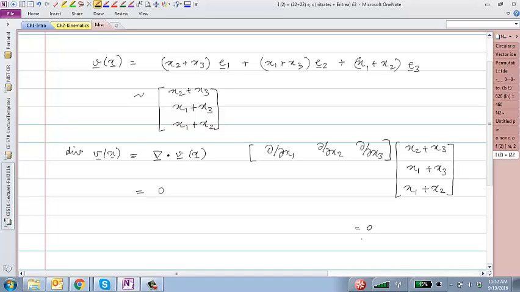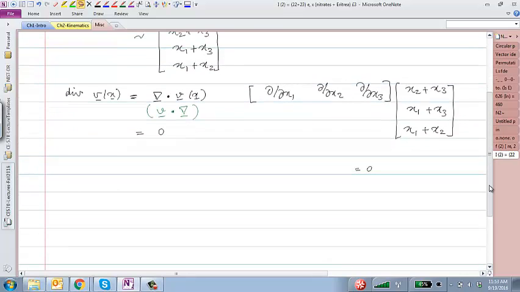So the dot product is taking the dot product of this with this. Now, as I said, another way to think about this is to write v dot grad. That's the comment under the definition that you have on your handout. What that means is that all I'm doing is changing the order of computation of x2 plus x3, x1 plus x3, and x1 plus x2 with respect to partial x1, partial x2, partial x3.